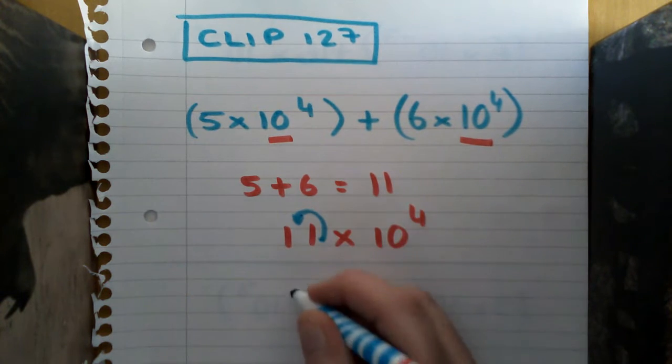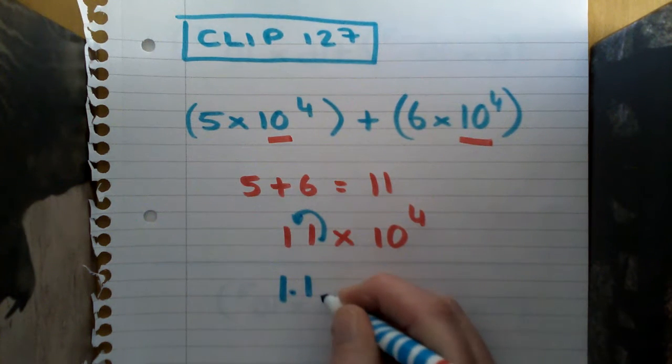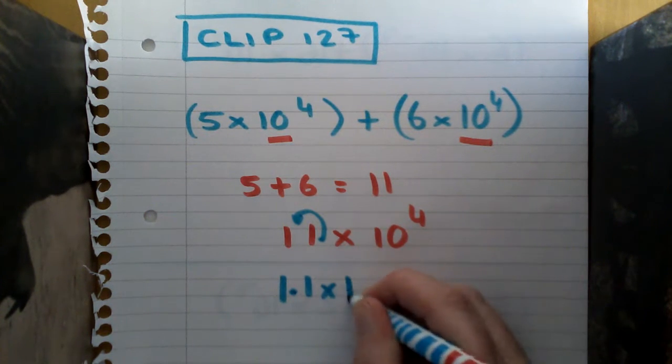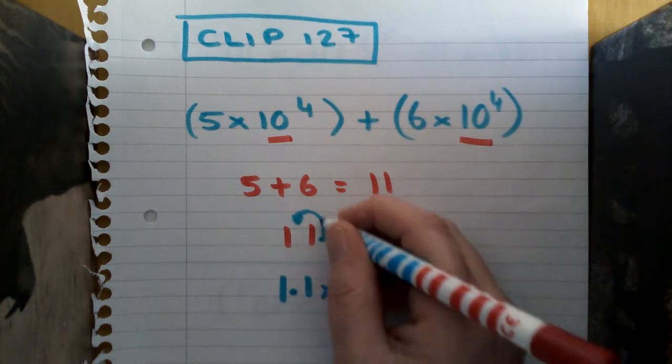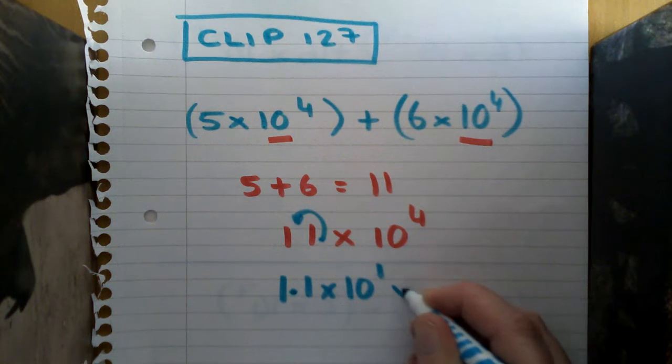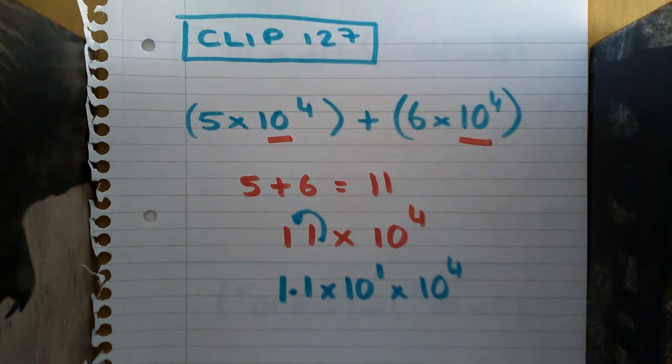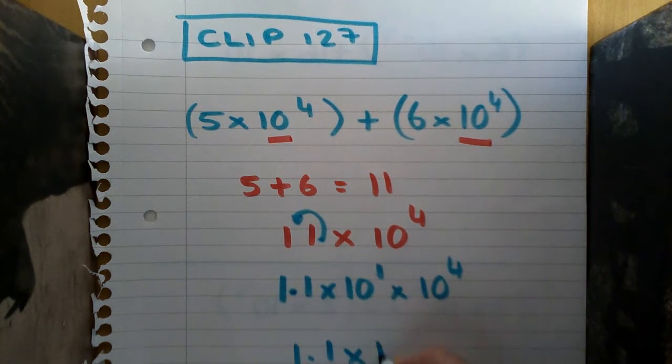I need to go back one place. So that's 1.1, and times 10 to the power 1, because I've moved one place, times by 10 to the power 4. Okay, so my answer is going to be 1.1 times 10 to the 5.